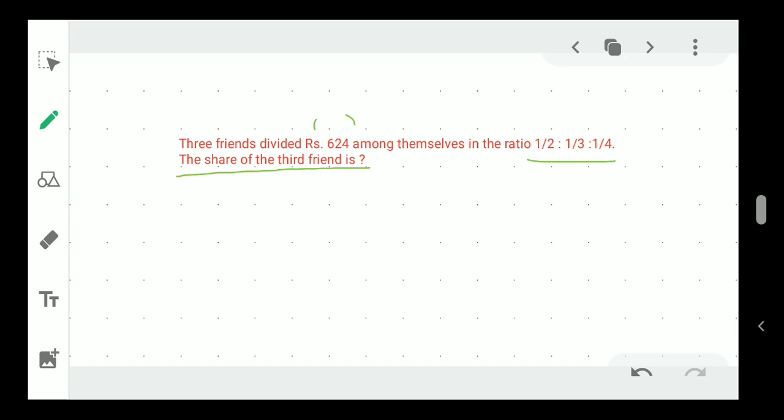So we can say that the first person has taken x by 2. But I can do one more thing. This ratio 1 by 2 is to 1 by 3 is to 1 by 4, you can multiply all of the terms by anything and the ratio will not change.